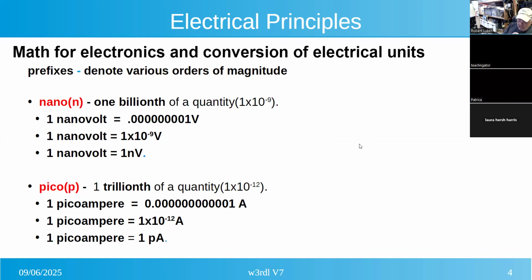That's a very, very small amount of current if it's a picoamp. And we use a small p, so we'd have 1 pA. And normally, like on the milliamp, it would be a little m with a capital A.